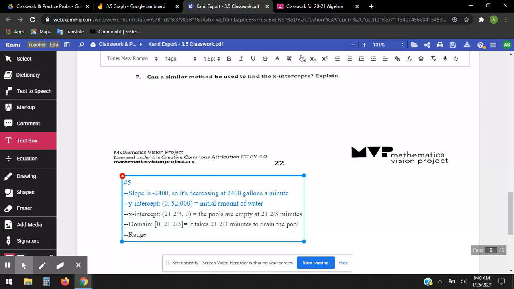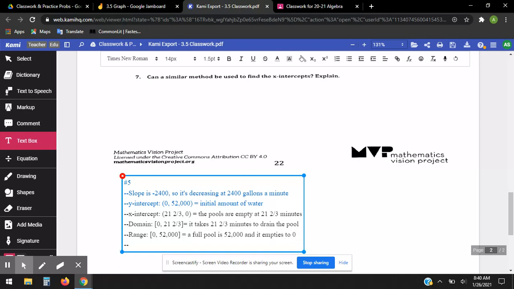The range is 0 to 52,000, our y's. That means a full pool, 52,000, and it empties to 0.